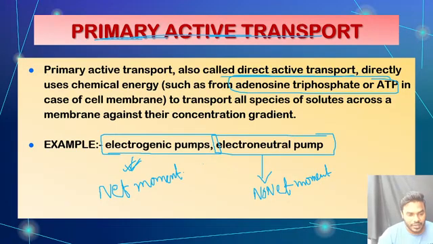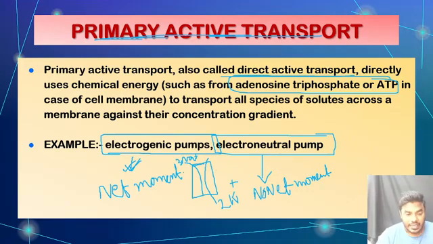Suppose, as an example, let's take the sodium potassium ATPase pump. You all know it very well, friends. Suppose 3 sodium are going out. If 3 sodium are going out, how many potassium are entering inside? 2 potassiums are entering inside.